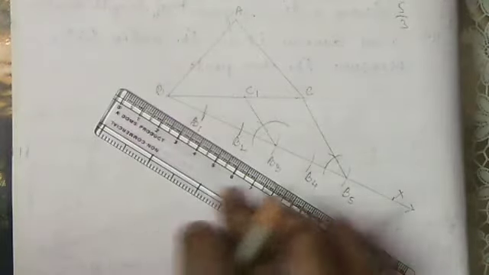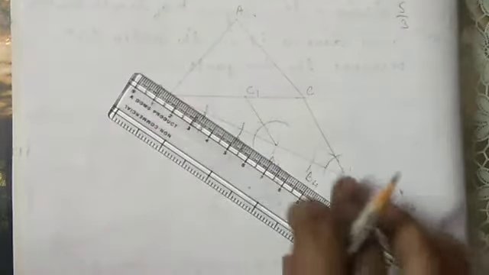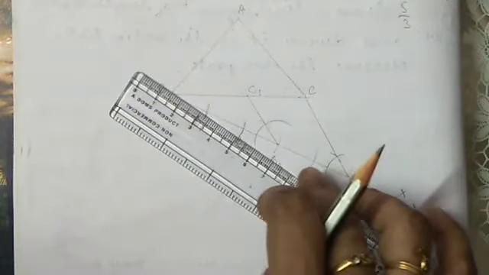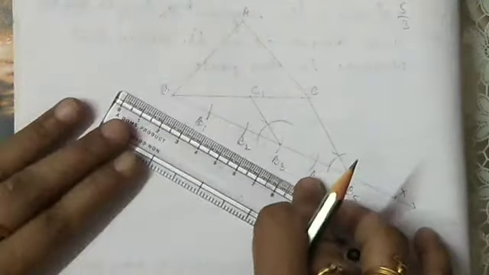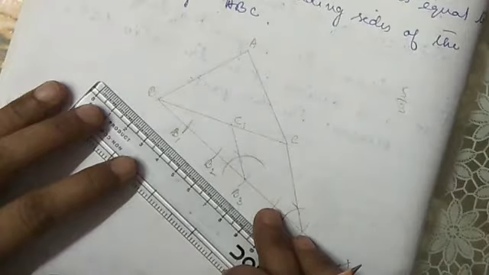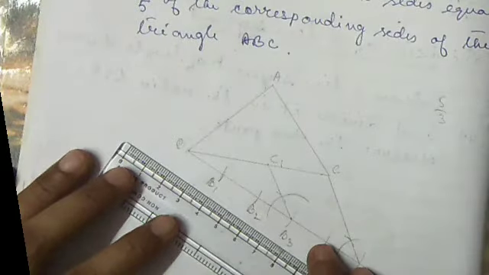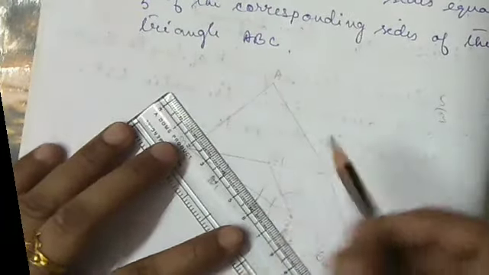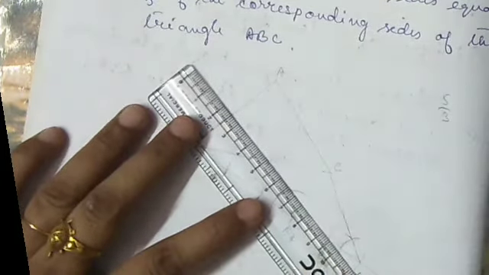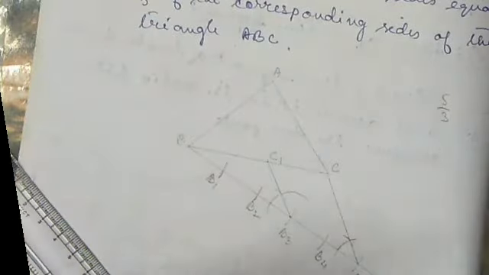Again, from this point we will draw another line which would be parallel to CA this time. So what shall we do again?